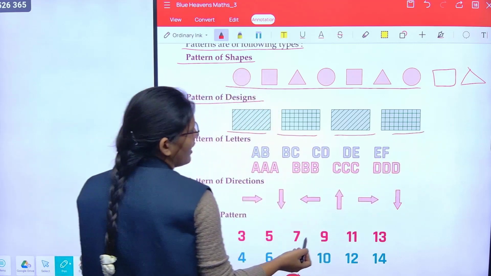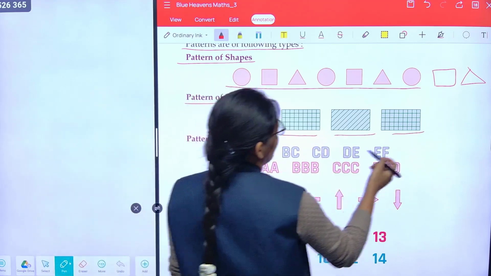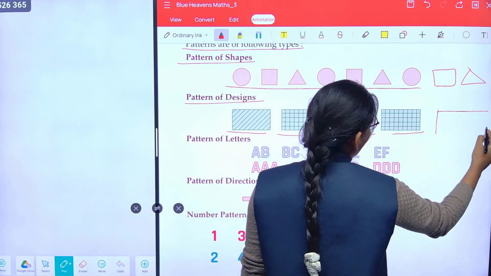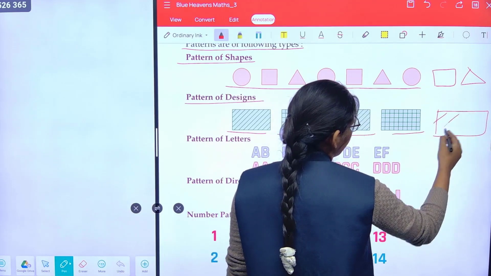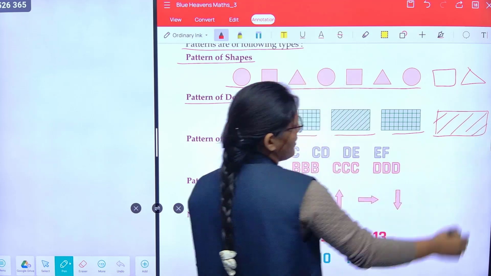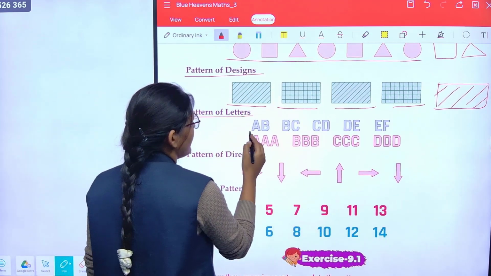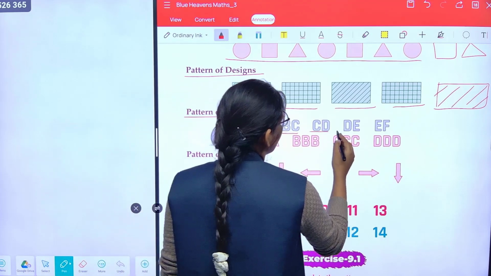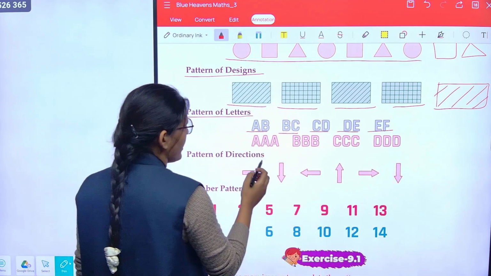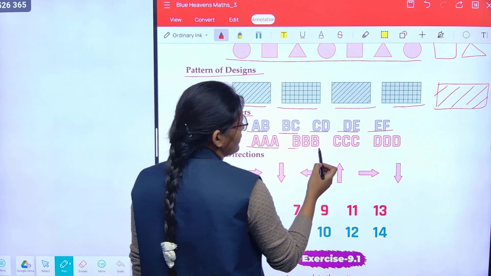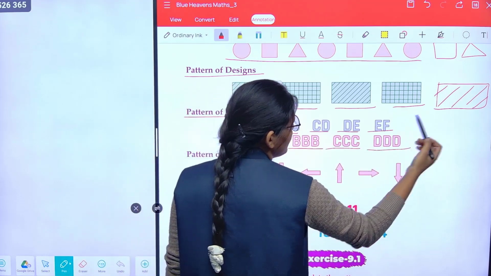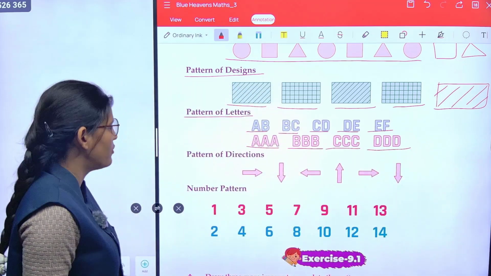Now we can complete it. We can make this pattern also. Now patterns of letters: A, B, B, C, C, D, D, E, E, F. A, 3 times B, 3 times C, 3 times D. You can write 3 times E, F.